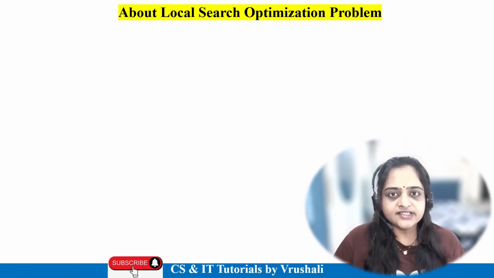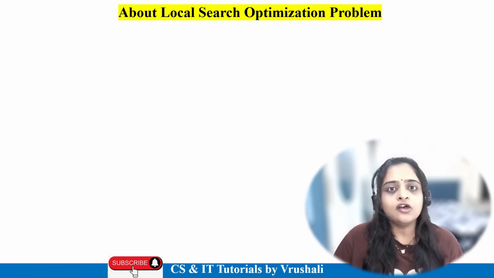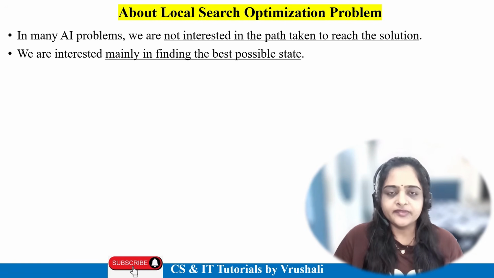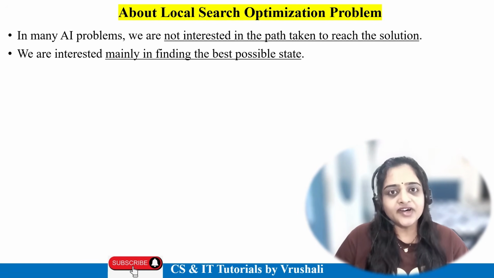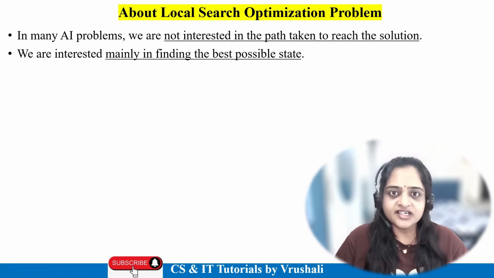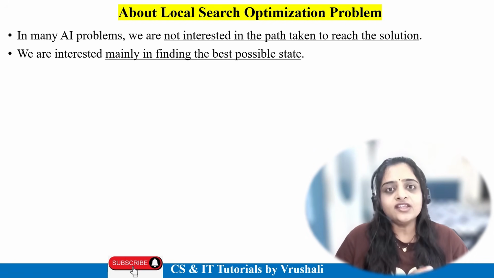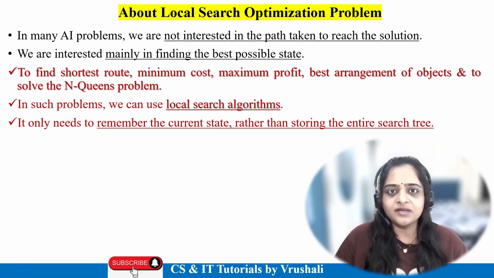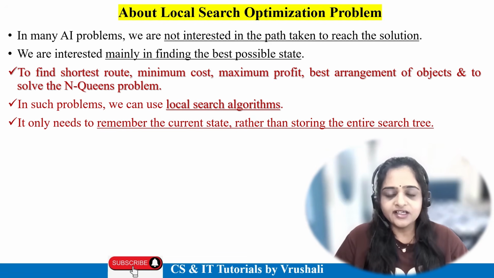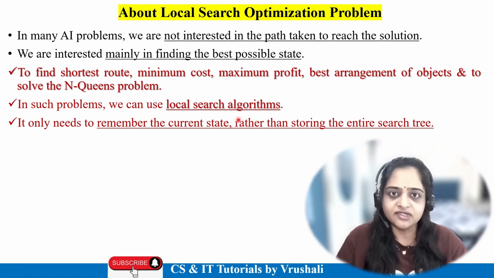So first we will discuss what exactly a local search algorithm is. As we discussed in some previous sessions, different searching algorithms like state space search, BFS, DFS, then A-star search algorithm. In all these algorithms, we find the best possible path among the possible solutions, right?